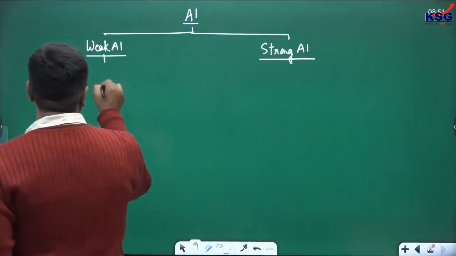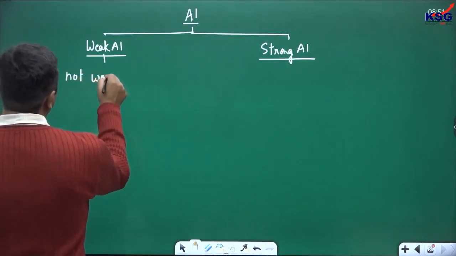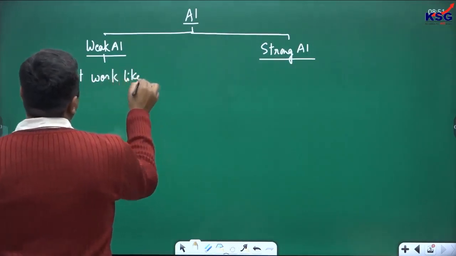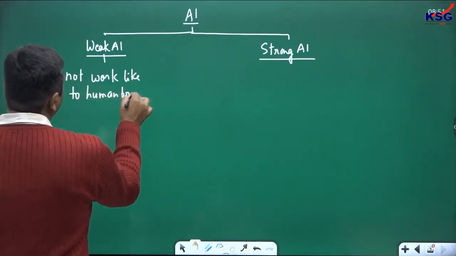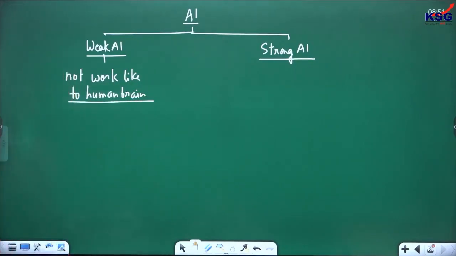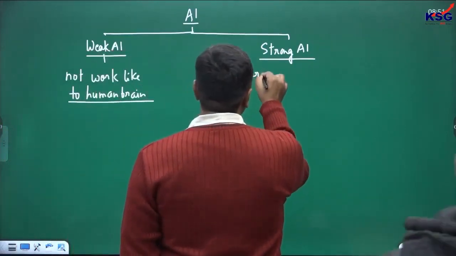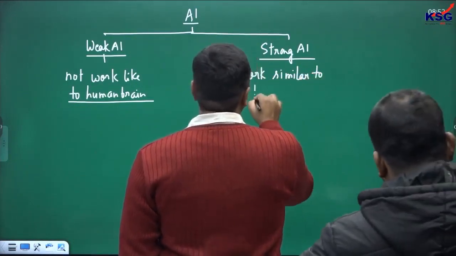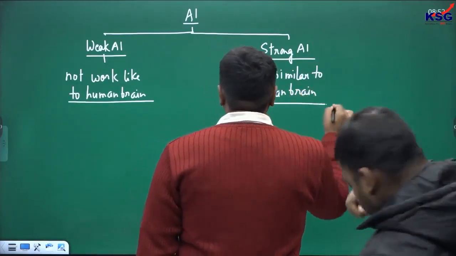What is weak AI? If in performance, accuracy and reliability it does not work similar to the human brain, that is weak AI. So if it does not work like the human brain, then it is called a weak AI, and if it works similar to the human brain, then this is called a strong AI.